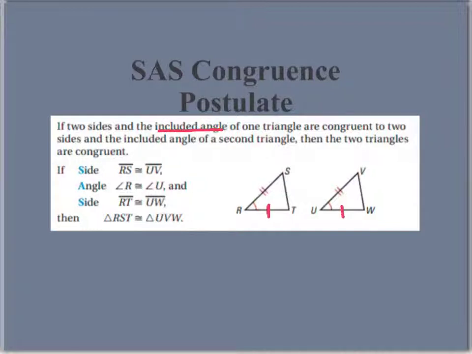You've got RS from the first triangle being congruent to UV on the second triangle. And you see the angle in between, or the included angle. Okay?